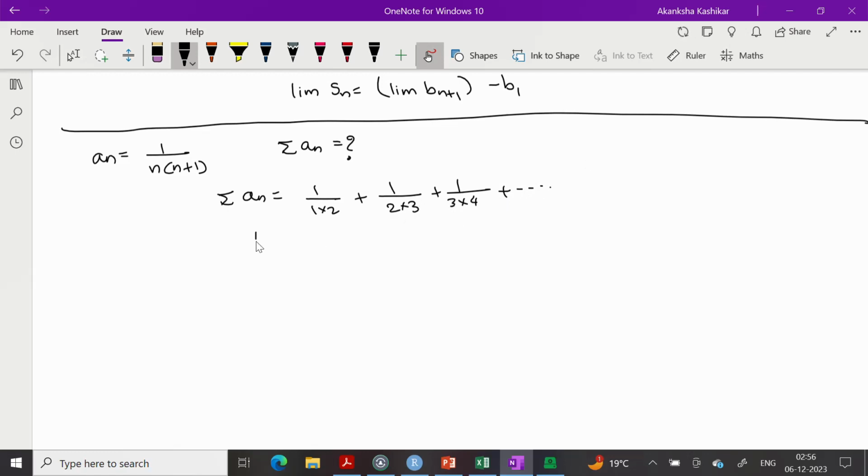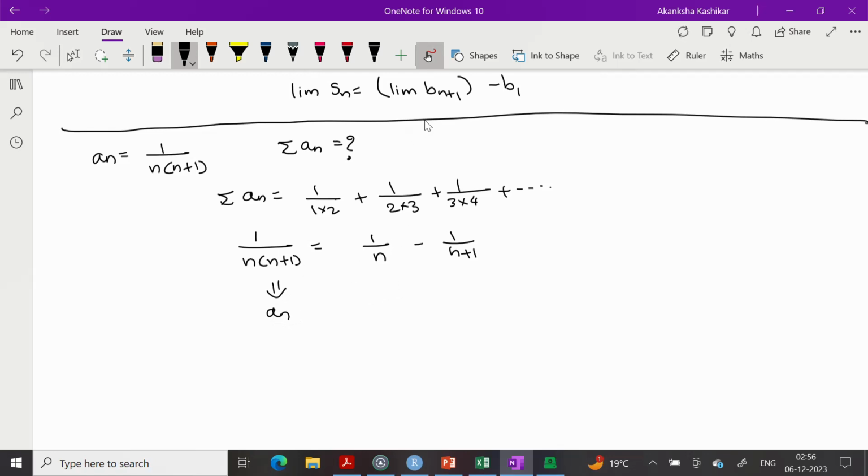But if I note that 1 upon n into n plus 1 can actually be written as 1 upon n minus 1 upon n plus 1, because the numerator will be n plus 1 minus n, that is 1, divided by n into n plus 1. So this is my an.